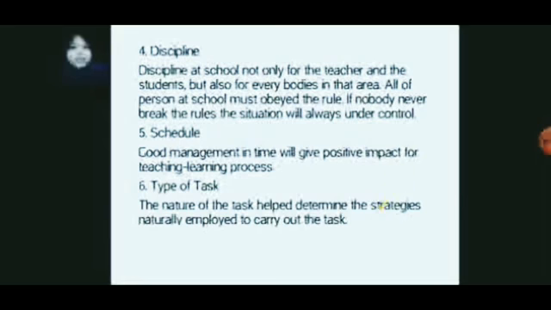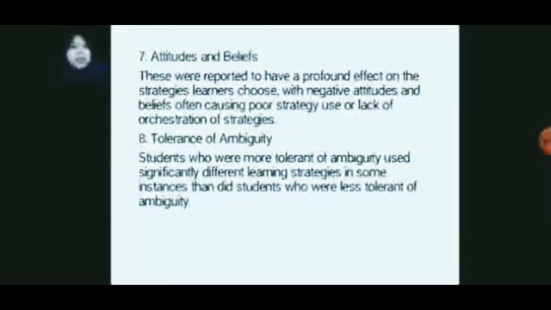Okay, the next is attitudes and beliefs. They were reported to have a profound effect on the strategies learners choose. Negative attitudes and beliefs can lead to poor strategy use or a lack of strategies.